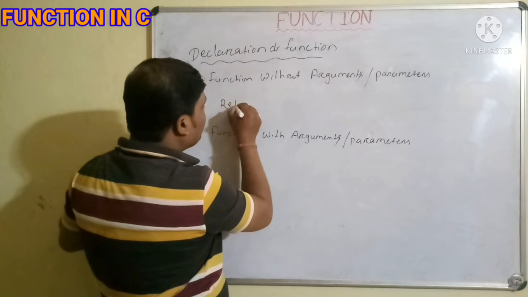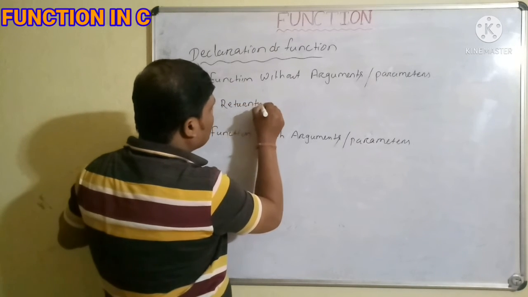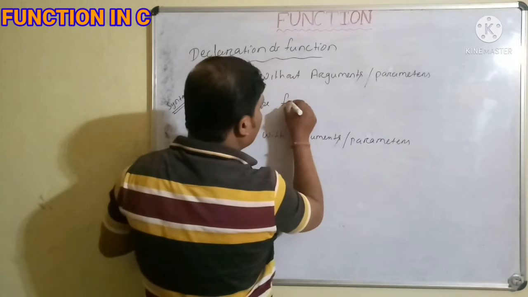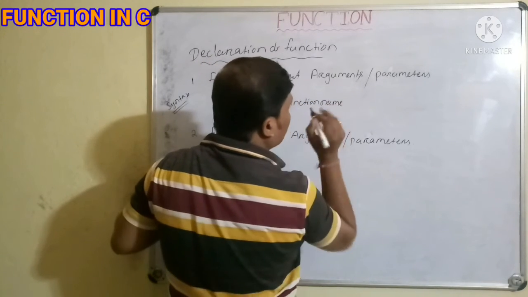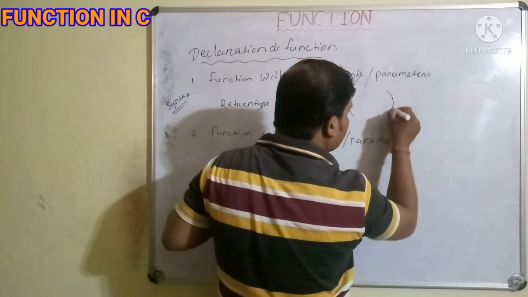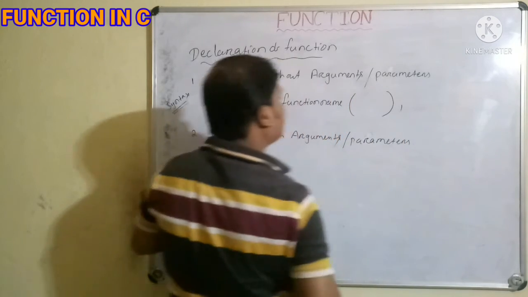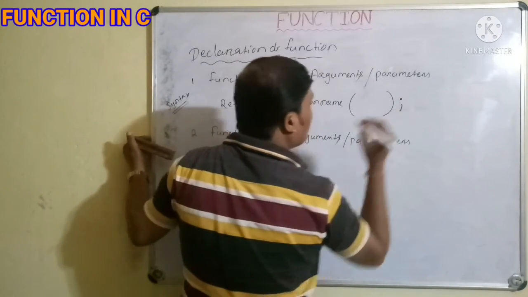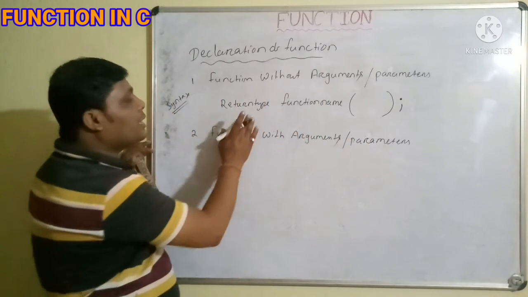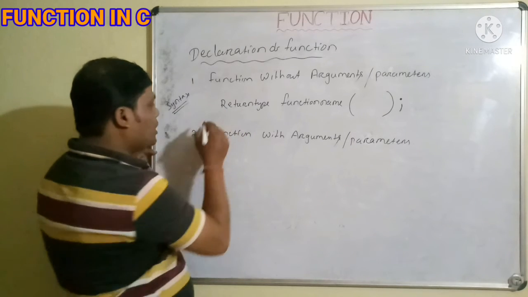This will be return type, then function name, then open parenthesis and close parenthesis, then semicolon. This is how you will declare one function. This is the declaration of function. This is syntax.